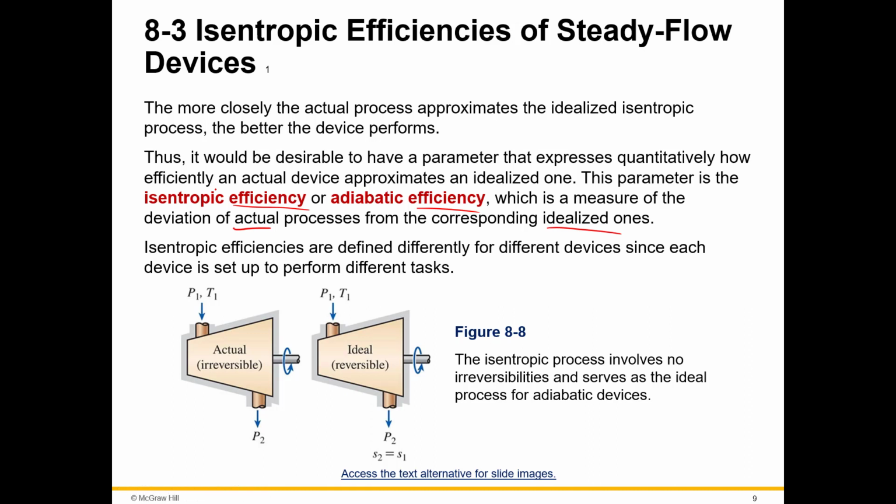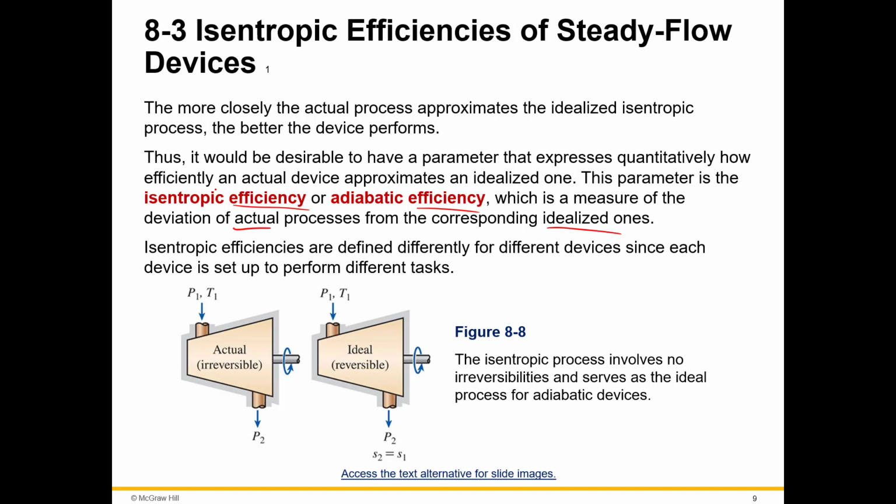Isentropic efficiencies are defined differently for different devices, since each device is set up to perform different tasks. So it's just saying, hey, you're going to have individual characteristics or individual parameters, depending on what you're doing.